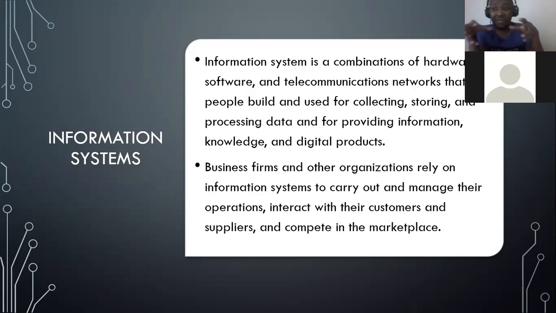Everyone who's seeing me now is either seeing me on a computer or on a tablet or a phone. So what you need to know is your phone or your computer, whatever gadget that you are using to watch me on, right? It has these three components. It has hardware, it has software, it has telecommunication networks. So the hardware, that is the chips.